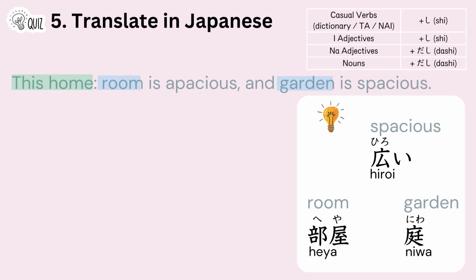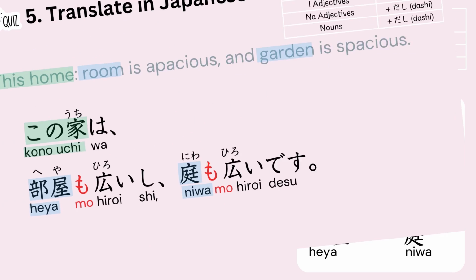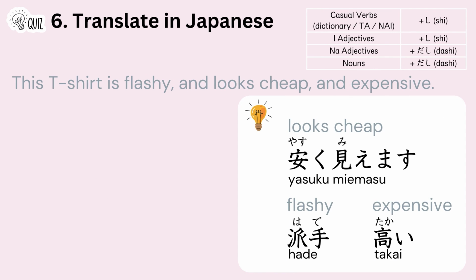This home is the topic and room and garden are the subject. この家は部屋も広いし、庭も広いです。6.